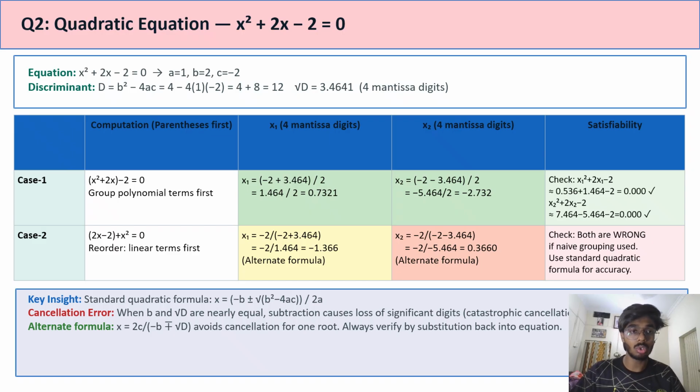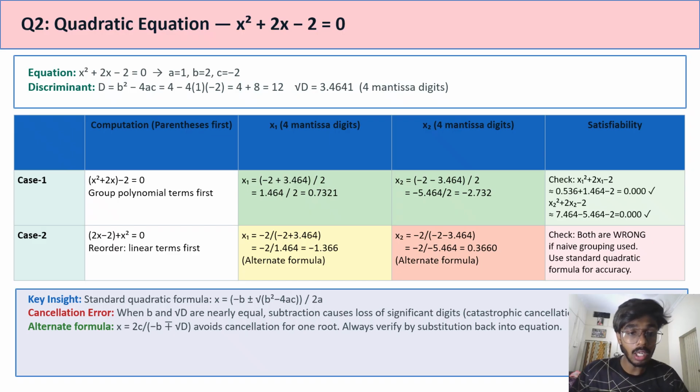To solve this quadratic equation, we will need to find the discriminant. We find it by the simple quadratic formula b square minus 4ac, divided by 2a, which gives us discriminant equal to 12. The square root of 12 equals 3.4641 for four significant digits.